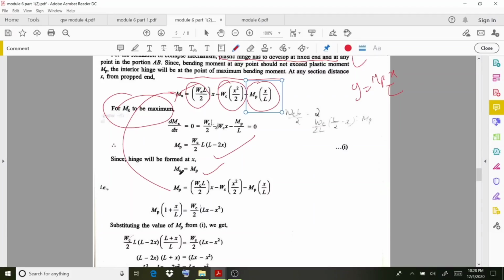After that you have to substitute those values. This MP value is the value you got. If you substitute it in this way, you already know the MP value as Wc by 2 multiplied by L multiplied by L minus 2x.